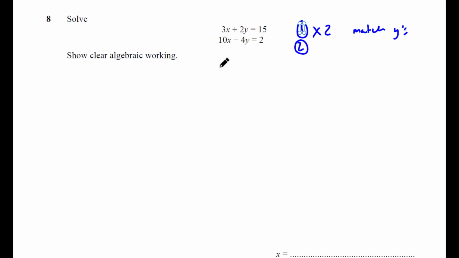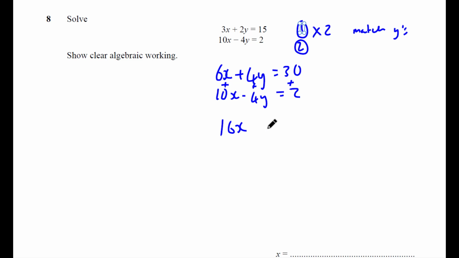So that becomes 6x plus 4y equals 30, 10x minus 4y equals 2. Write that nice and neatly underneath. So the signs are different, we can add these terms together line by line. That becomes 16x equals 32.